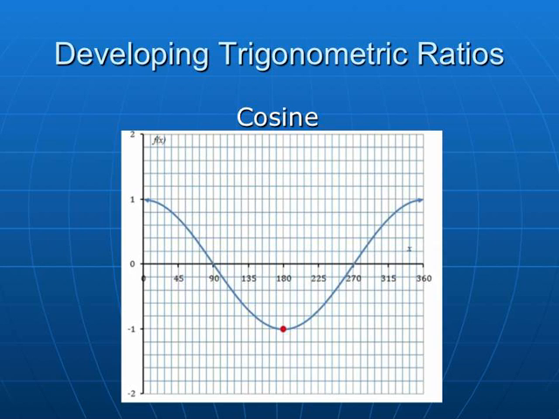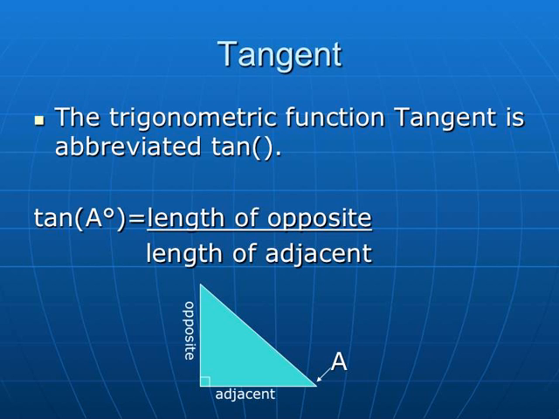All right. So last one, tangent. Tangent is opposite over adjacent. Think about it, guys. When will tangent be 1? When opposite equals adjacent, right? And when opposite equals adjacent, what's the name of the triangle?